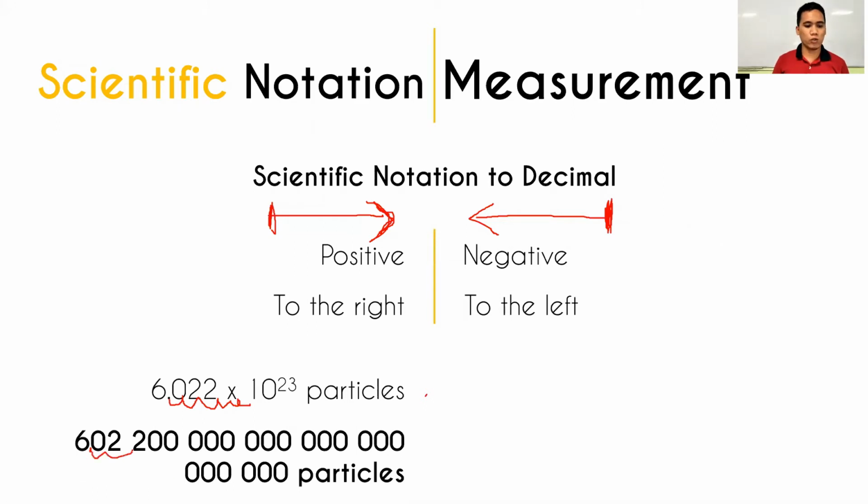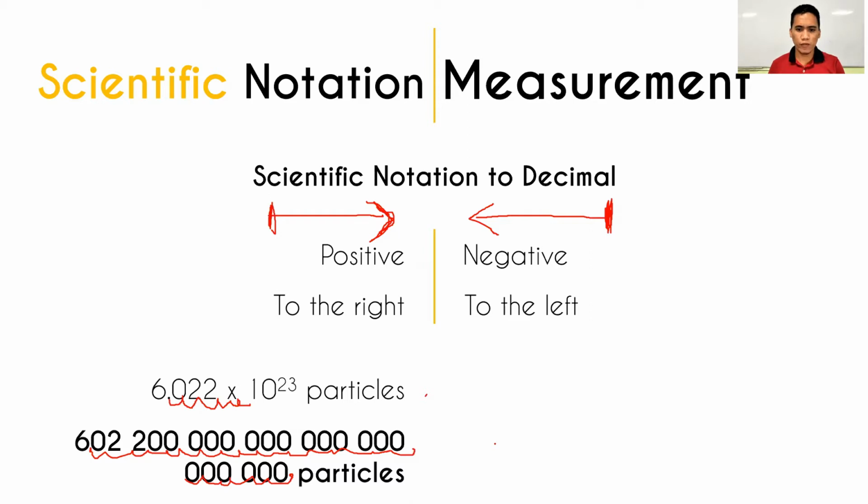So 1, 2, 3, 4, 5, 6, 7, 8, 9, 10, 11, 12, 13, 14, 15, 16, 17, 18, 19, 20, 21, 22, and 23. So we move 23 places to the right since it is positive.